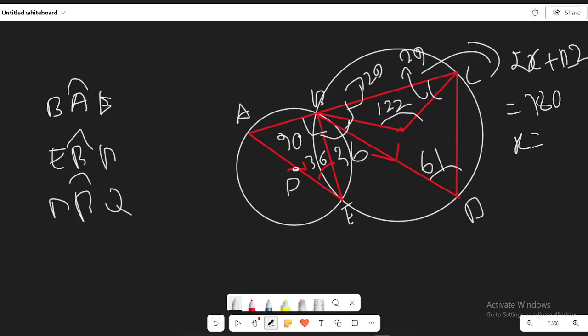It's because ABC and APE are straight lines.